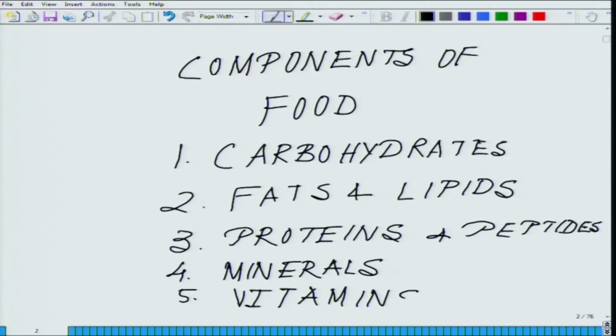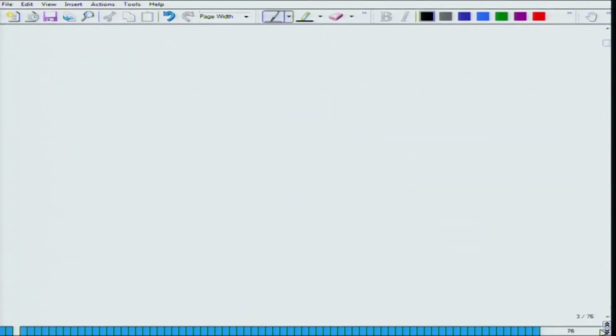Okay. These are the components. Okay. Now, what we will do, we will talk about the whole geometry, the topology of the digestive system.